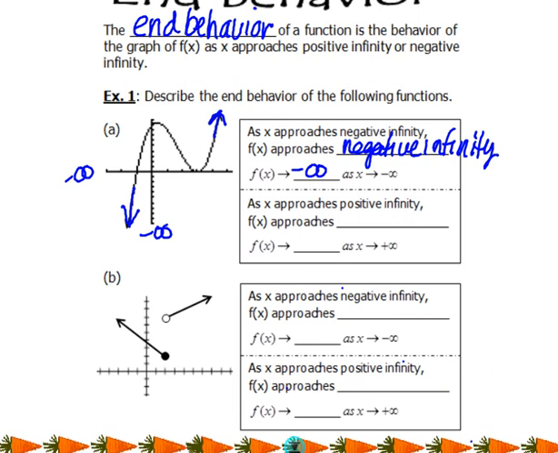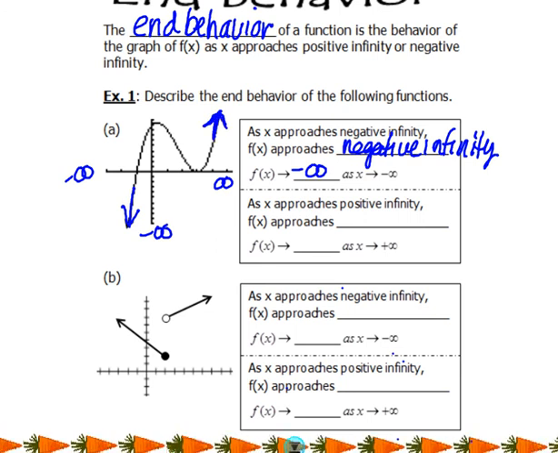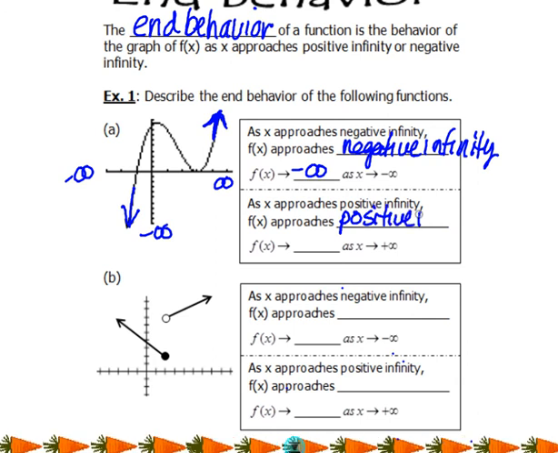All right, as x approaches positive infinity, the right-hand side of our graph, what's f of x doing? Well, it's going up, so that's also positive infinity, or positive infinity in symbols.